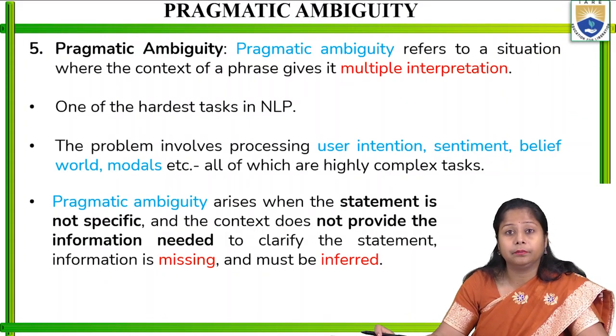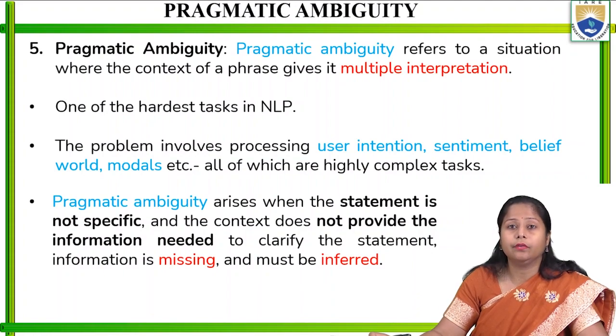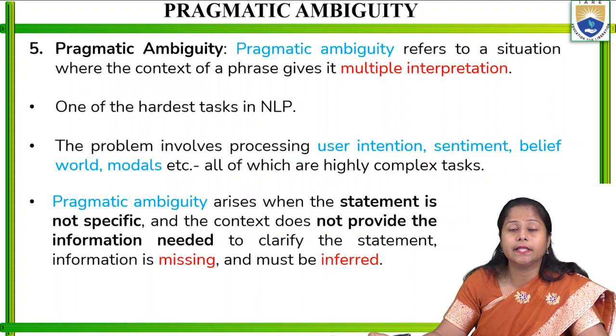The next type of ambiguity is pragmatic ambiguity. Pragmatic ambiguity refers to where the content of a phrase gives it multiple interpretations, right? This is used in the context of a phrase when we are using the phrase in different sentences. This type of ambiguity, pragmatic ambiguity, is one of the hardest tasks in the NLP language.